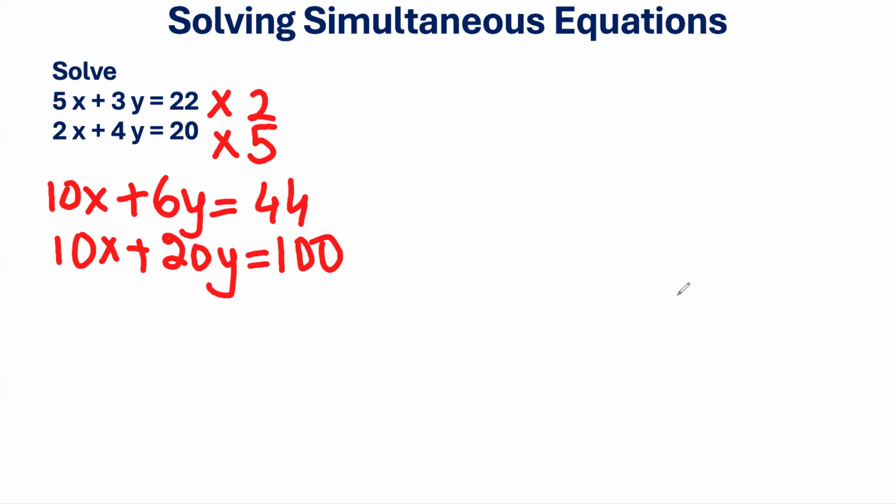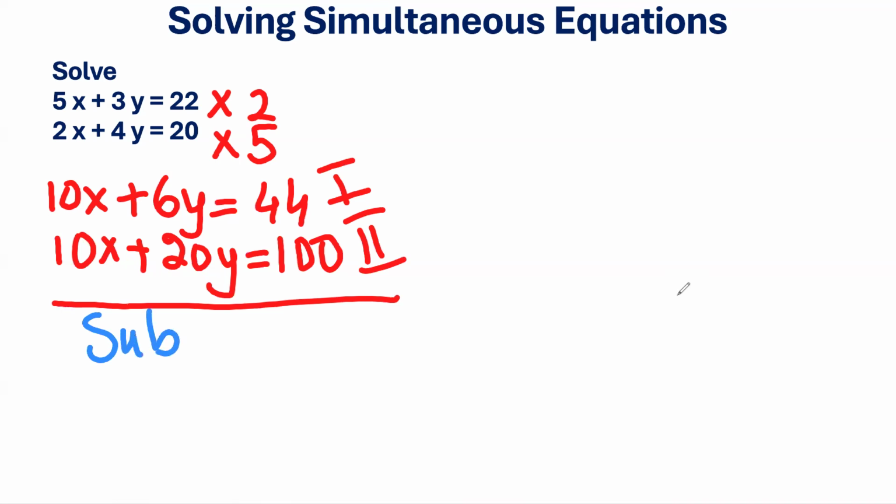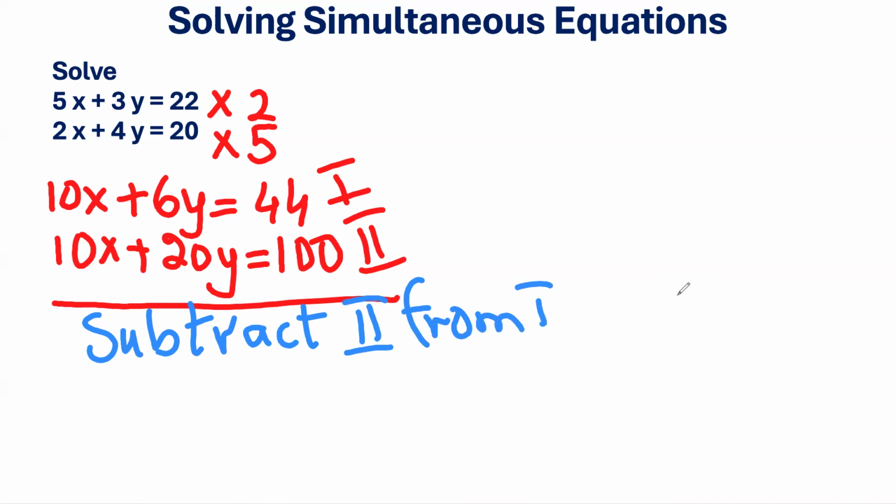Now you can subtract equation number 2 from equation number 1. Subtract 2 from 1. When you subtract 2 from 1, then 10x minus 10x will be eliminated.